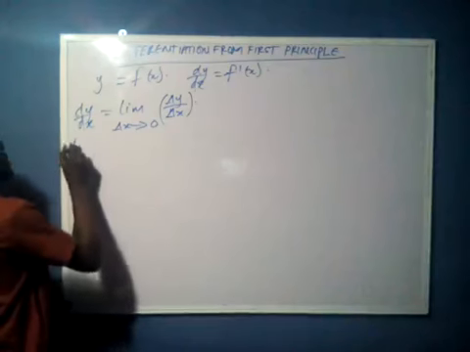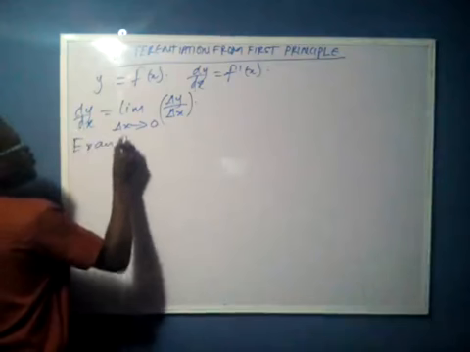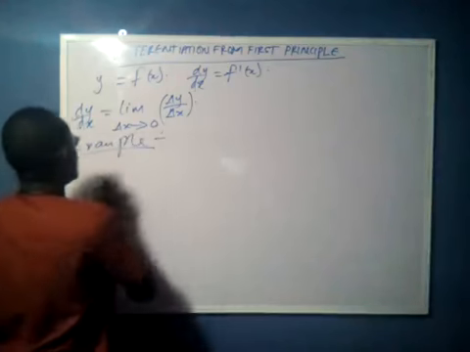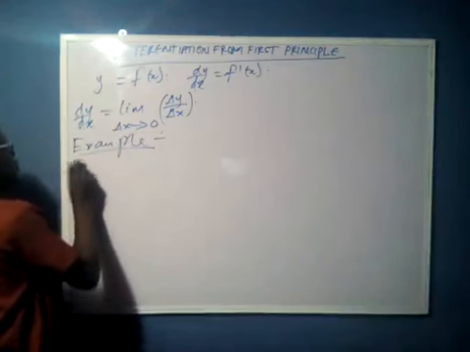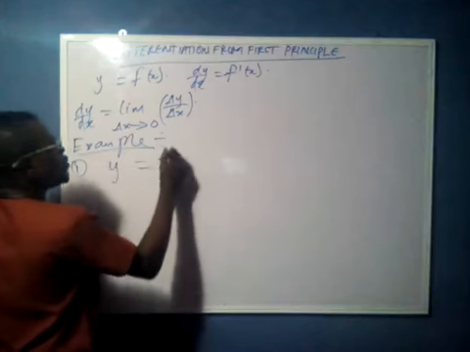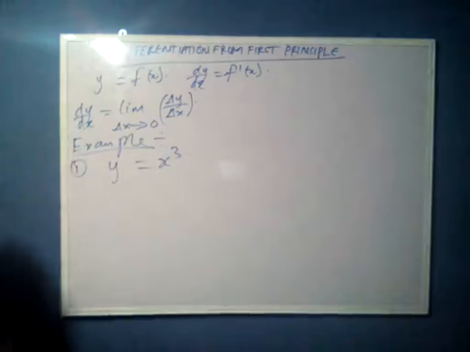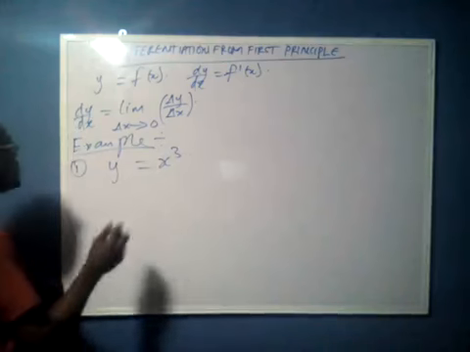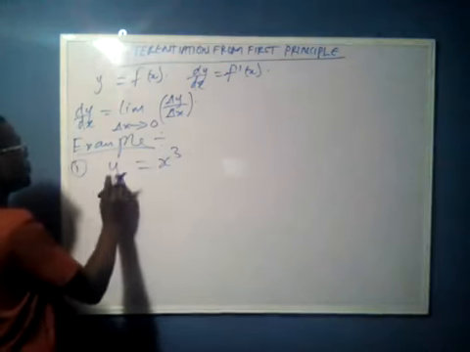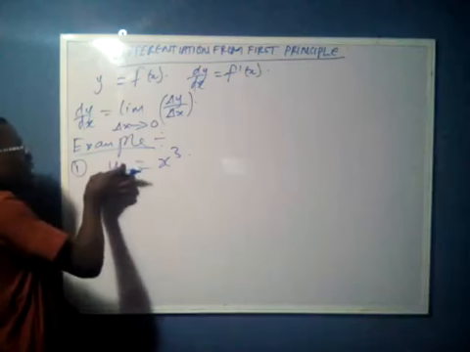So let us take, for instance, that we want to differentiate the function y equals x raised to the power 3 from first principle. So how do we do that? We can take any change in y.